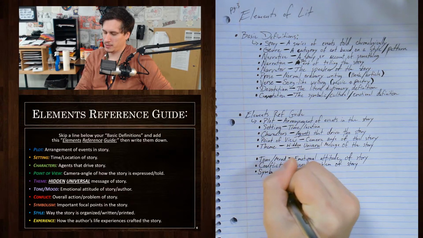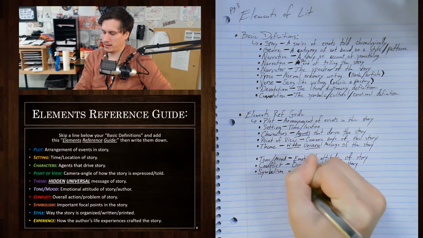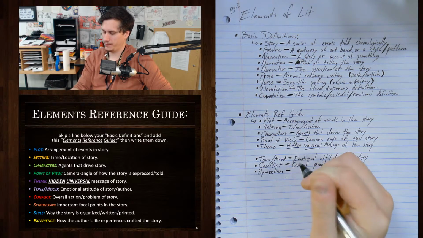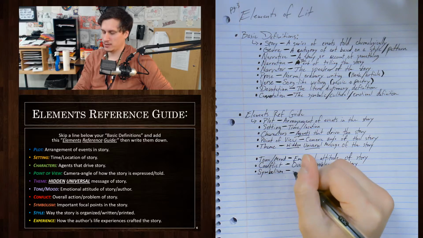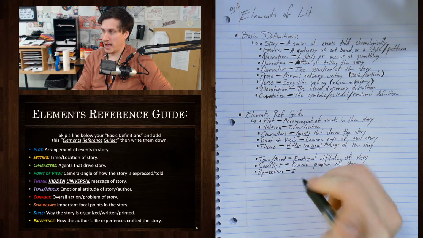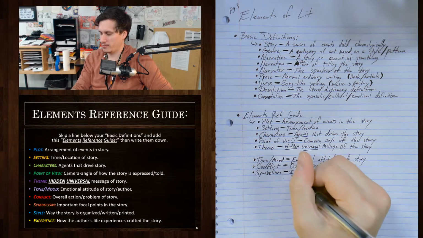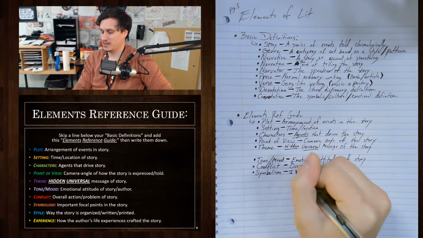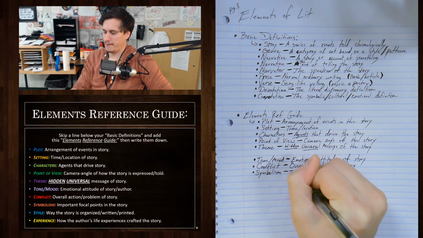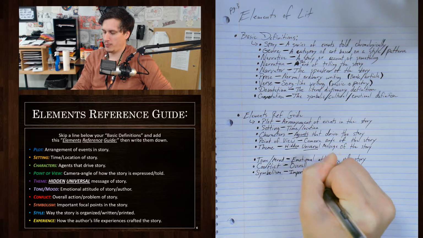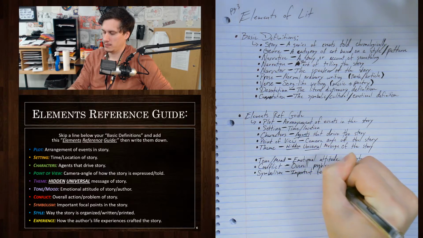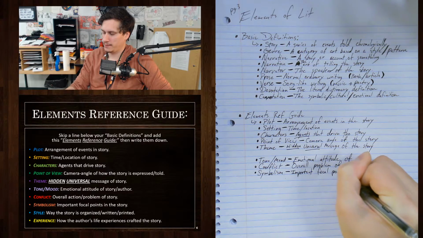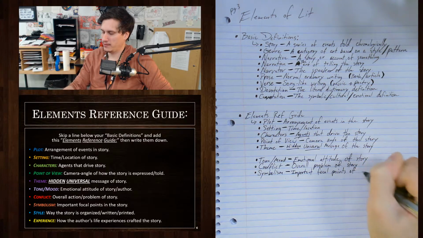Symbolism gets pretty complicated, but I think the way that I cover it is pretty simple. You might have some teachers that are going to tell you that symbolism has to be this one thing. That's not true. Symbolism can be anything. So what I'm going to write down here is that symbolism is the important focal points of the story.